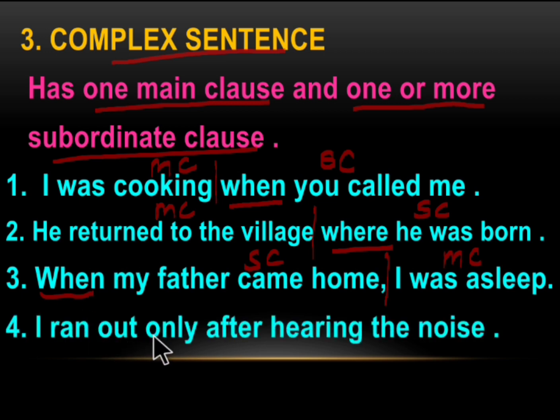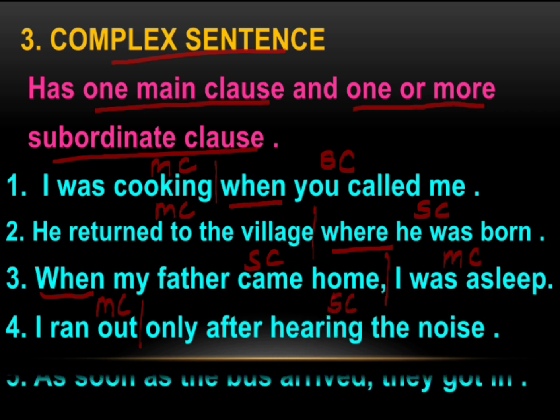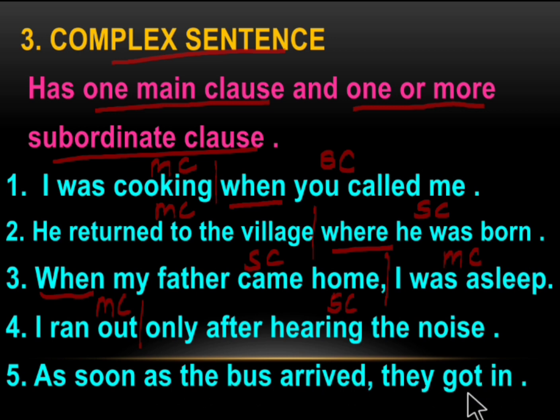I ran out only after hearing the noise. I ran out. This is the main clause. Only after hearing the noise is the subordinate clause. The next example. As soon as the bus arrived, they got in.